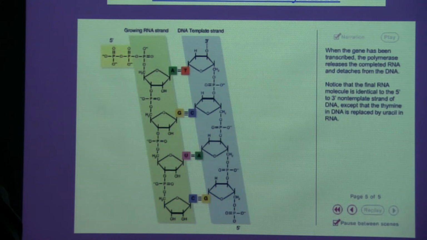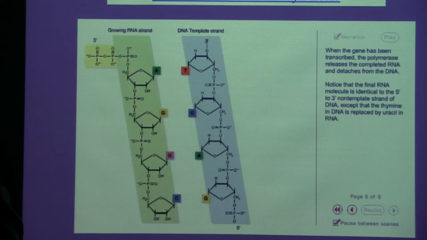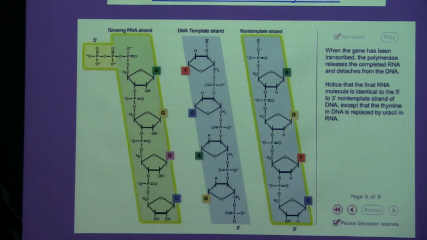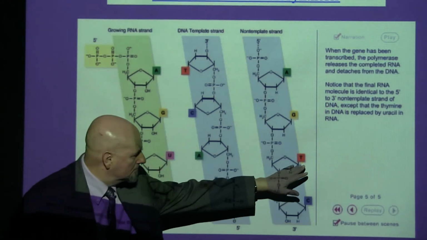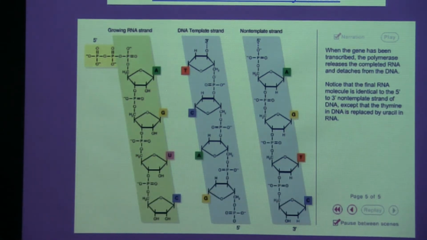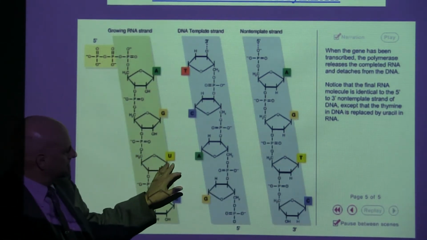When the gene has been transcribed, the polymerase releases the completed RNA and detaches from the DNA. Notice that the final RNA molecule is identical to the 5' to 3' non-template strand of DNA, except that the thymine in DNA is replaced by uracil in RNA.